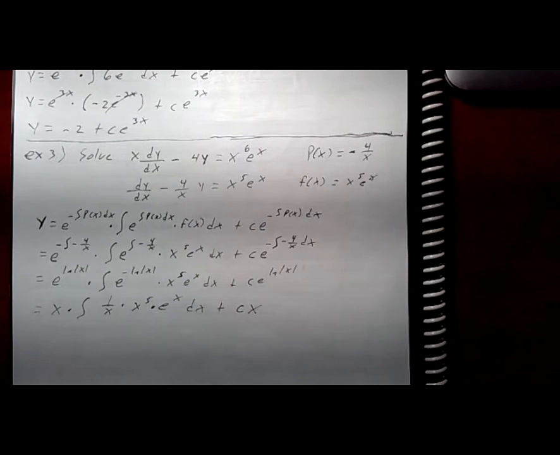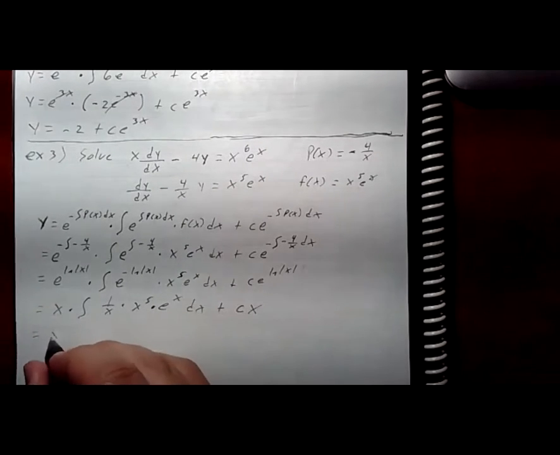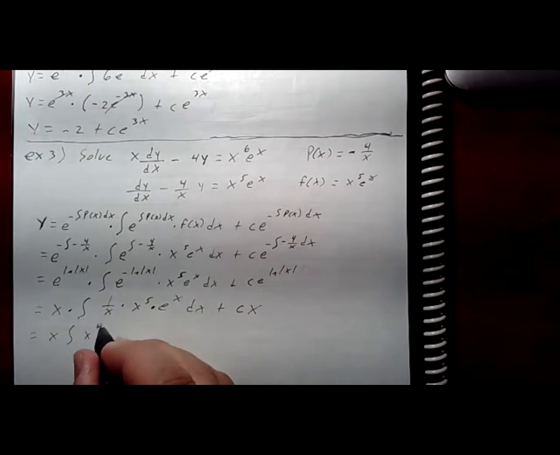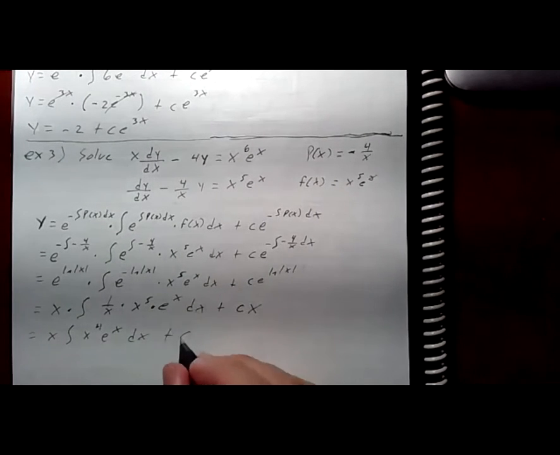Okay, cool. So this will reduce, right? Giving us x times the integral of x to the 4th e to the x dx plus cx.